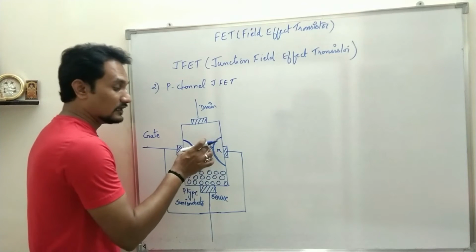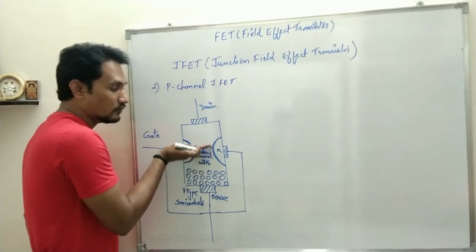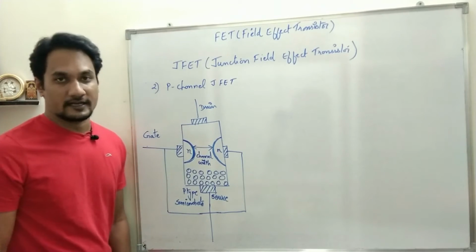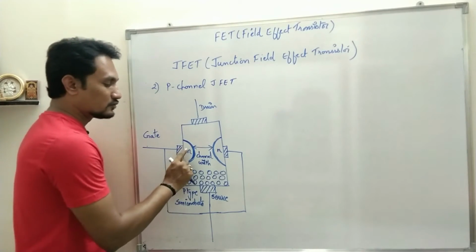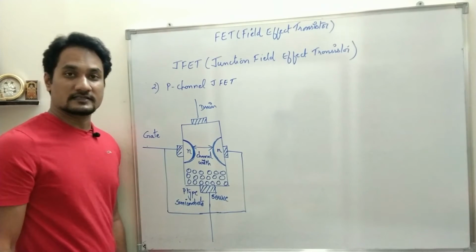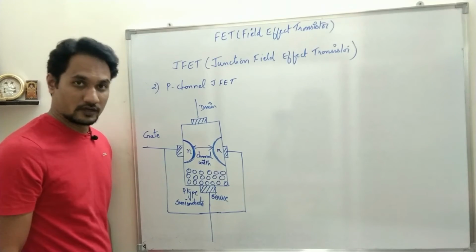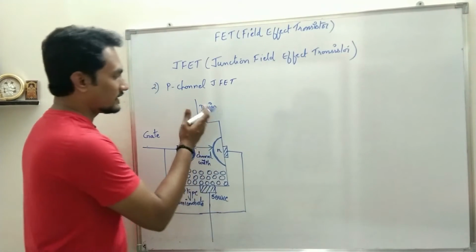This channel width will define how many holes, or charge carriers, will move from source to drain. These two PN junctions will be connected together and considered as one terminal, which is the gate. So this is the construction part.